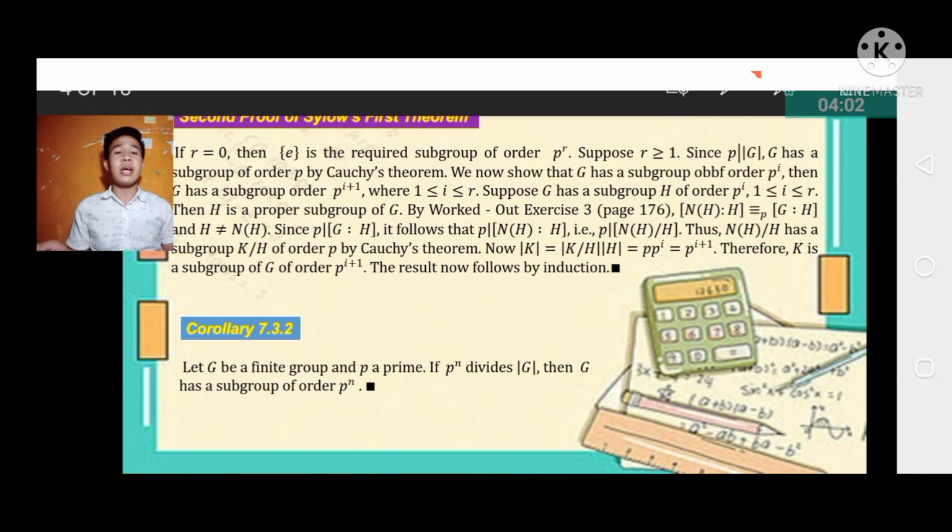You see, the order is the number of elements in the group G, in a certain group. That is the order, not the absolute value.